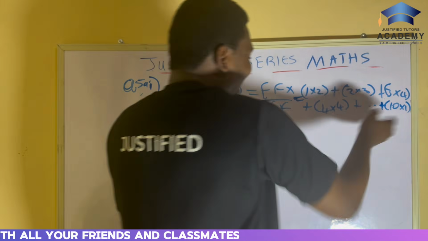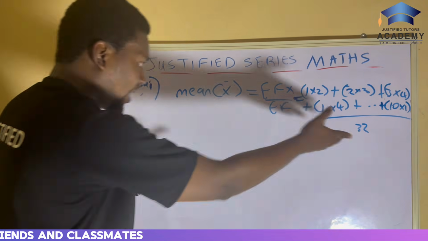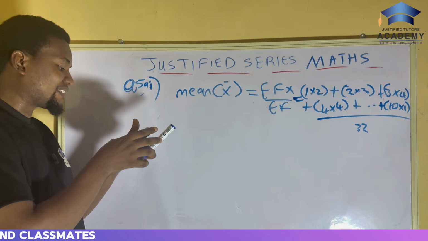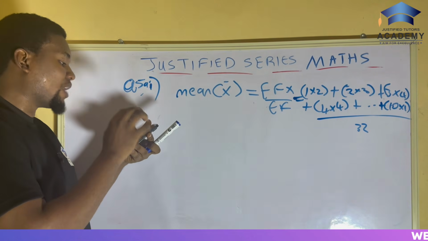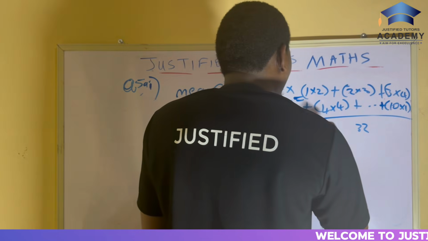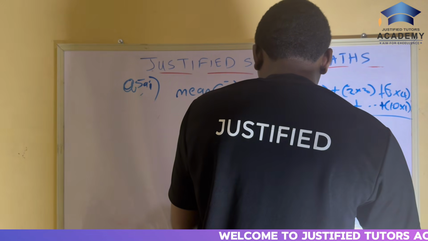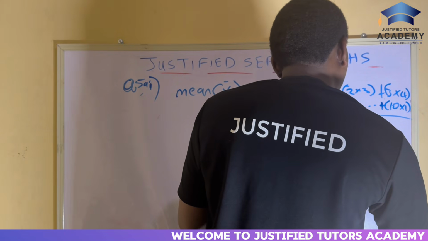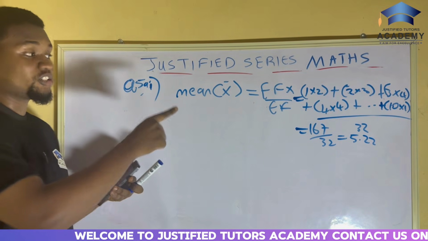Then you divide everything by the total number of students, which is 32. When you add everything together, you will have a total of 167, divided by 32. It will give you 5.22. That's your mean.